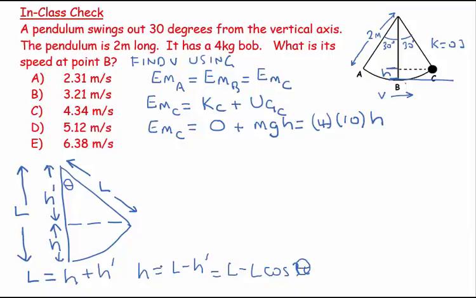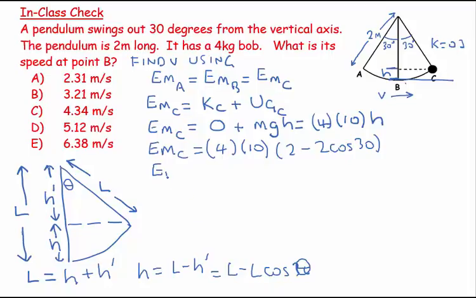So that's the relationship that is not obvious until you go through this one time, and then you go, oh yeah, I get it. So mechanical energy at C is equal to 4 times 10 times (2 minus 2 cosine 30).